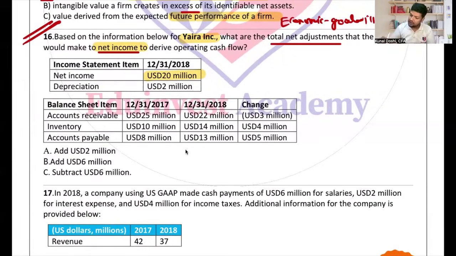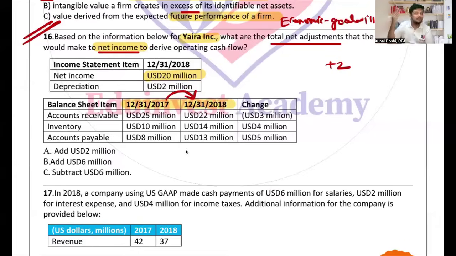First of all, what is the formula? Net income plus non-cash. So depreciation is what I will add. So 2 million will be added. And then we do the changes in working capital. In working capital, I want you to first understand from 17 to 18. From this to this, how much is the change? 3, 4, and 5. But we don't rely on this plus minus.